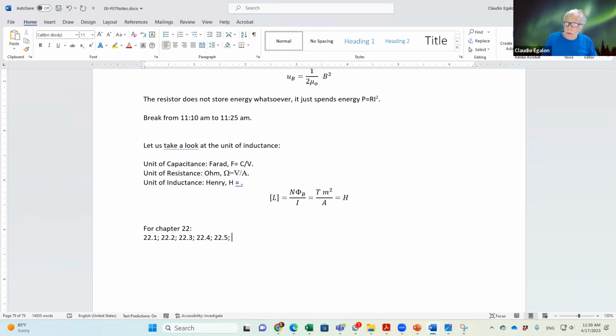We're going to skip 22.6, 22.7, 22.8, and 22.9. Self-inductance is more important than mutual inductance. We're going to be using it all the time. Rarely do we use mutual inductance out there, but you should know it anyway. We did the energy stored, and then we're going to talk about the transformers.